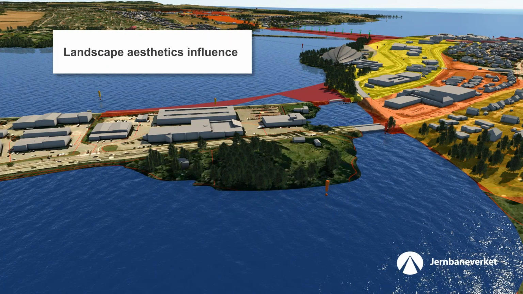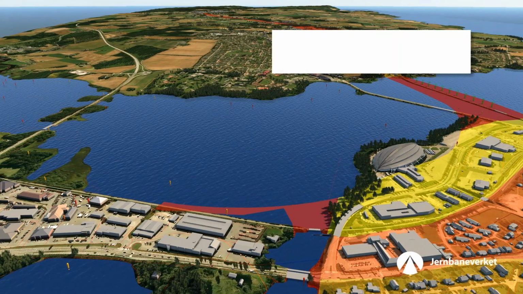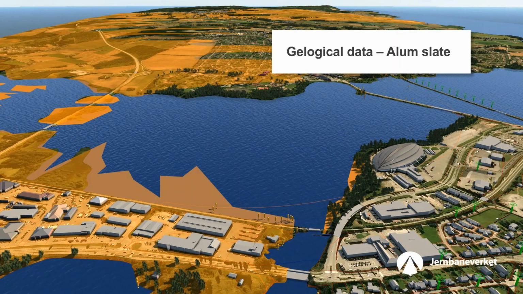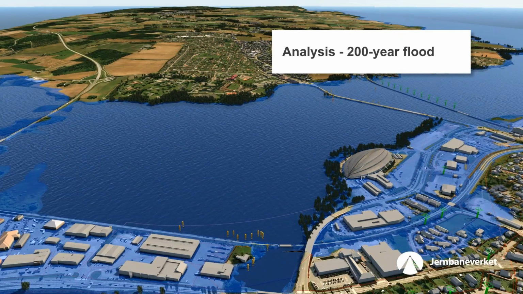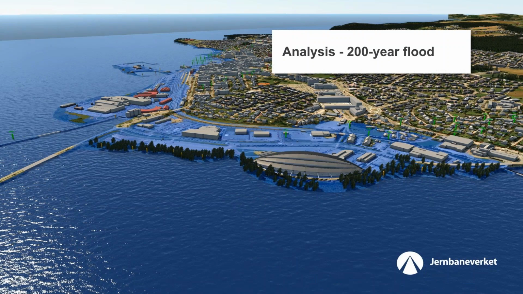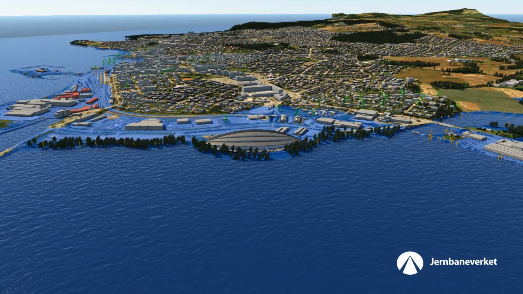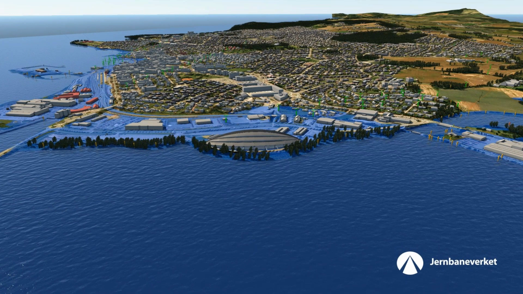Here are endangered species, so where they cannot go with a railway, and all other important geological data, flood information, to have an understanding of what has to be the elevation of a new design, so as not to be affected by, in this case, 200 years water, etc.